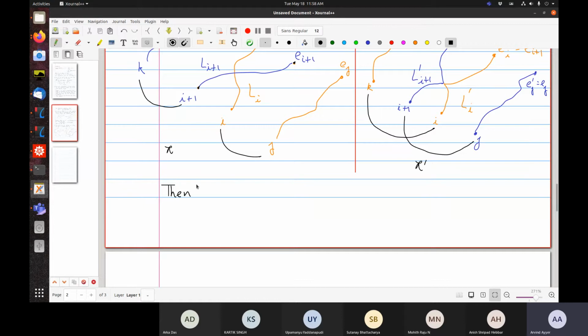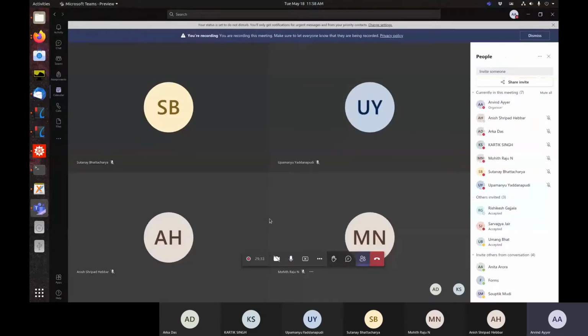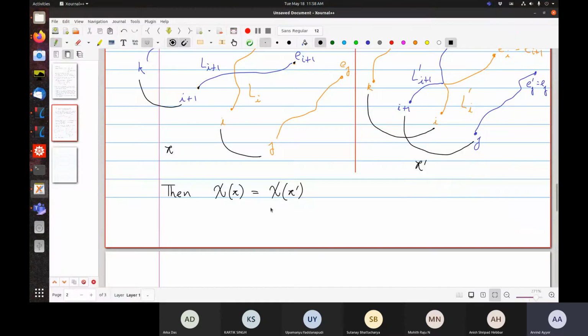Then the number of crossings of pi, what is the relationship between the number of crossings and the number of crossings of pi prime? Anybody? In general, don't just think about this figure.